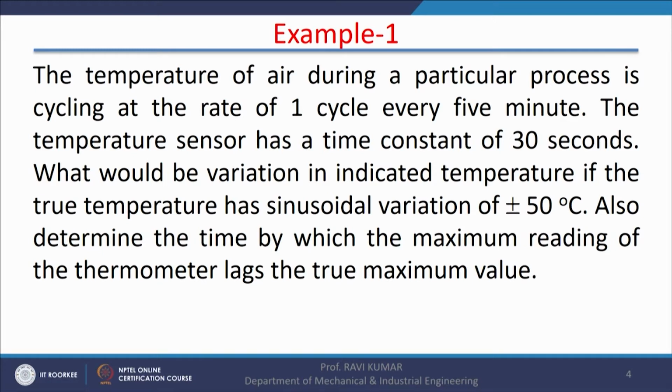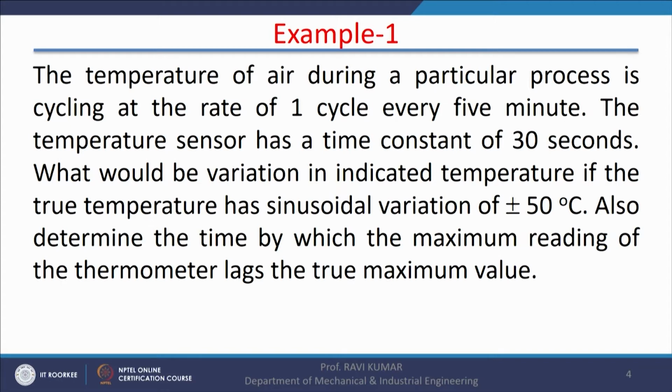What would be the variation in indicated temperature if the true temperature has a sinusoidal variation of plus minus 50 degrees? Plus minus 50 degrees in a room is quite large, so it is not happening in a building but somewhere else, where air temperature varies between plus 50 and minus 50 degrees centigrade.